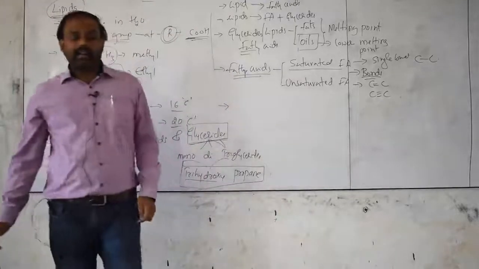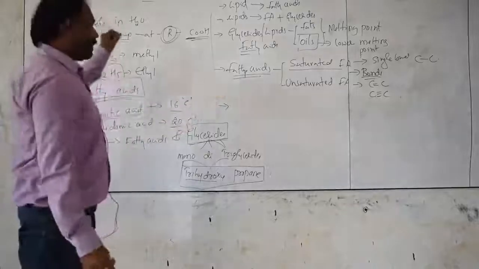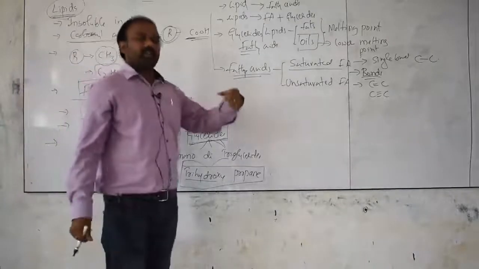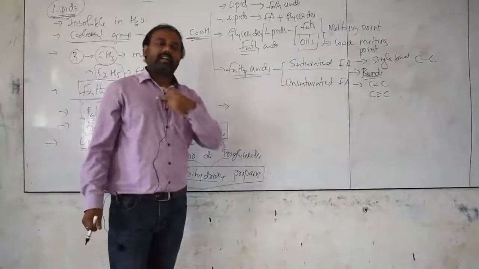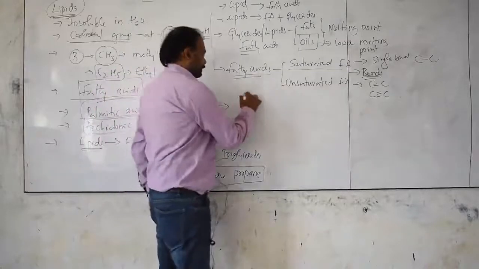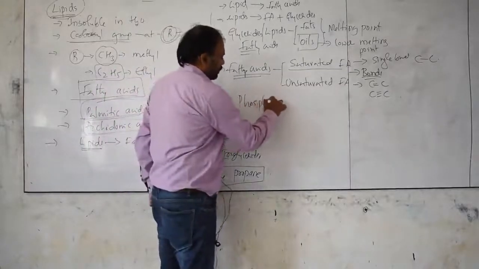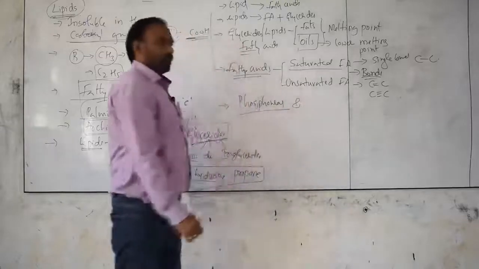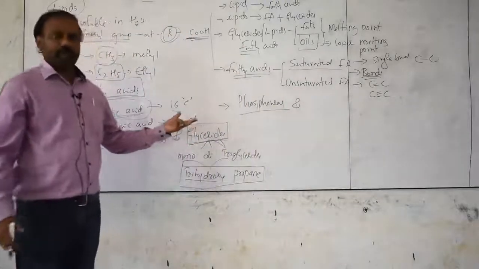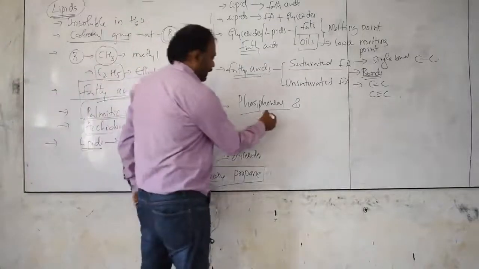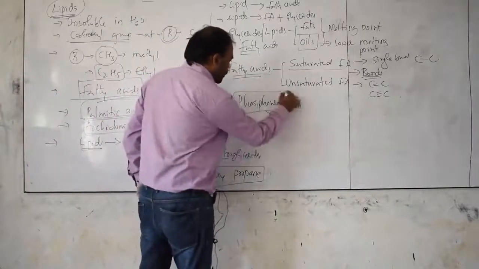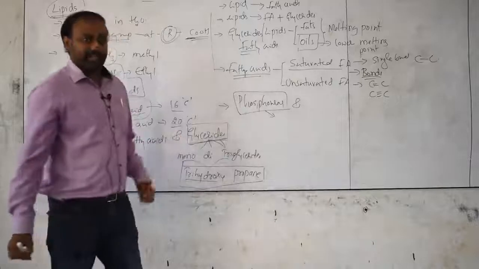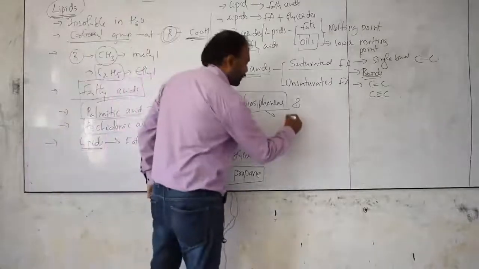And again, when we have the lipids, sometimes the lipids or the fatty acids or glycerides contain phosphate, phosphorus. So for that reason, this phosphorus is present in the lipid, we can call it as phospholipids.